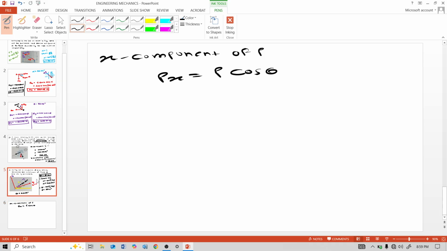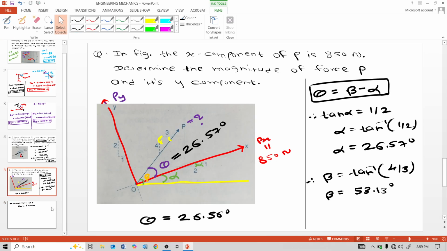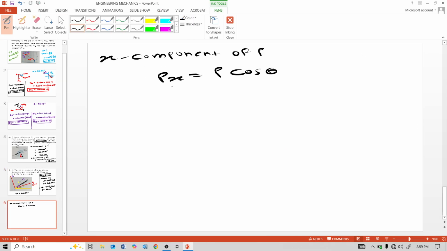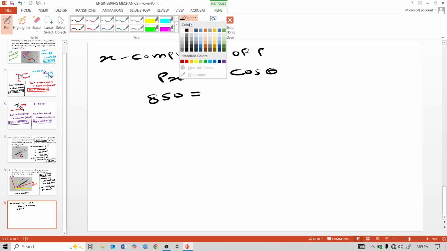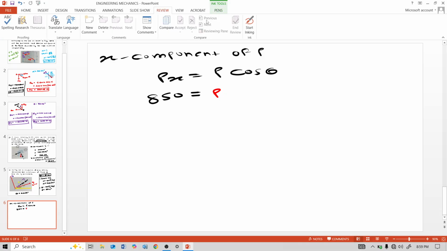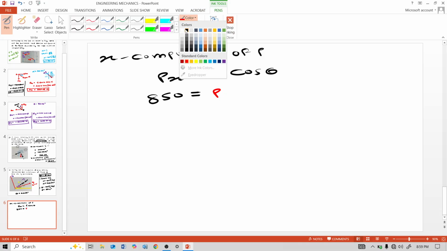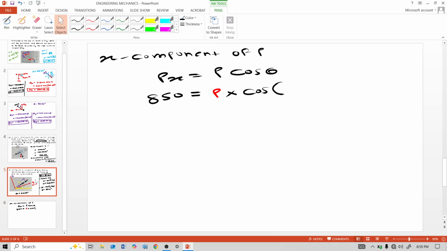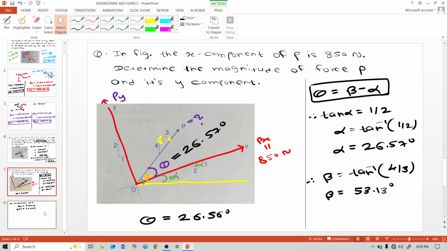And see, this Px is equal to 850 Newton, we have it right here, 850. This P is our objective. And this cos of theta, we calculated it here, 26.56 degree.